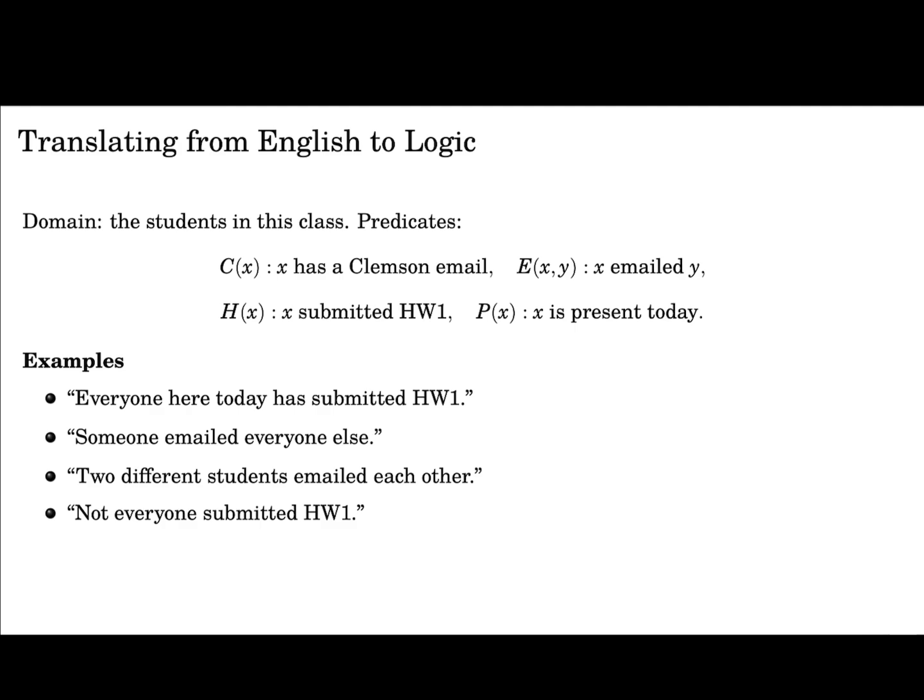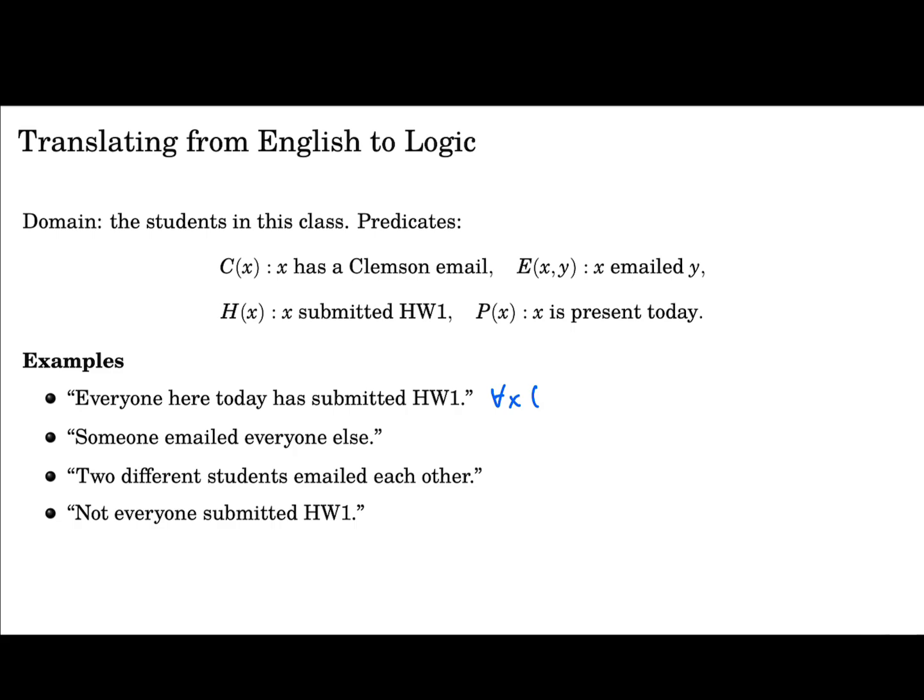So one way we can do it: everyone here today, so we want to talk about everyone. I'll put a for every X, so that takes care of the everyone. And so everyone here today did the homework. So I need to check whether they are here today, and only if they are here today, I want to state that they did the homework. So an implication will take care of that.